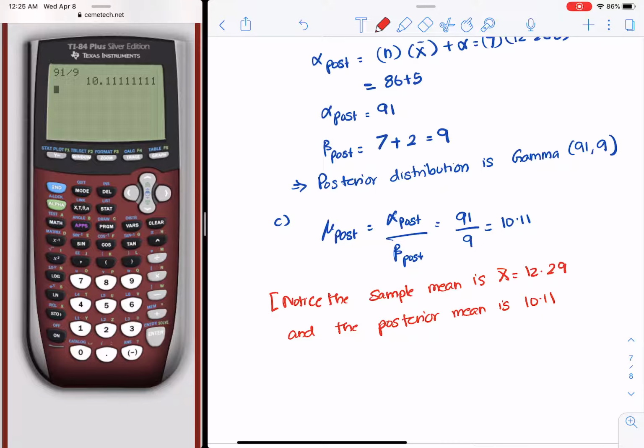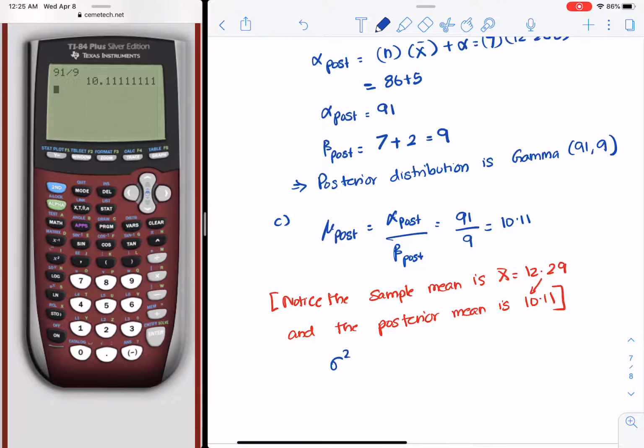So in this case, with Poisson, the mean and the value of lambda are one and the same. So we can clearly see that the sample mean was adjusted and it was brought down to 10.11 because of the prior information.